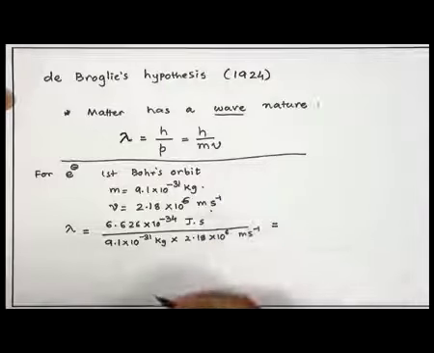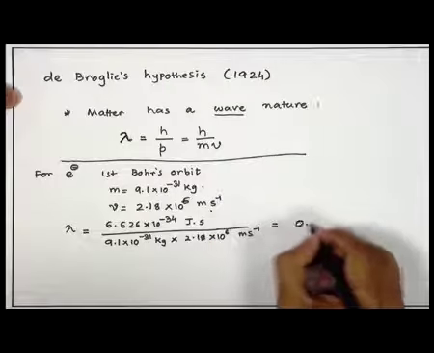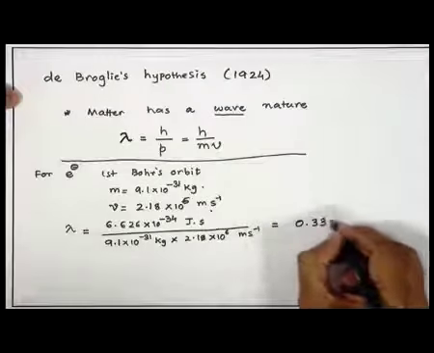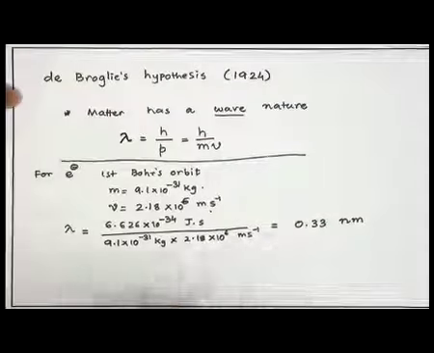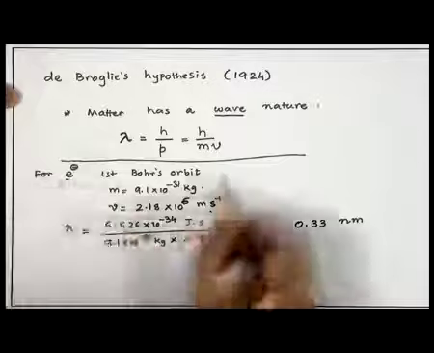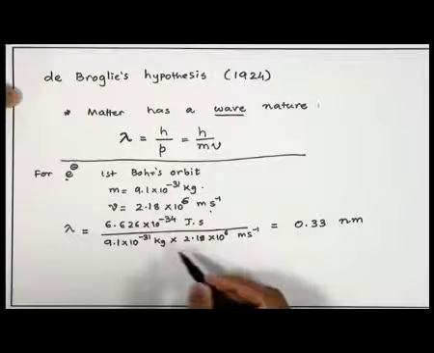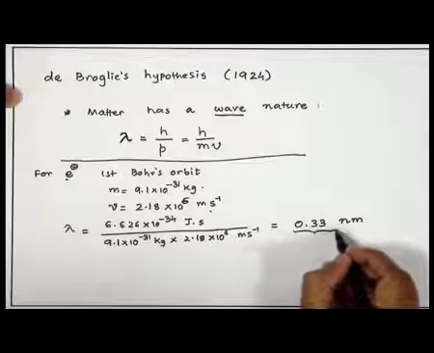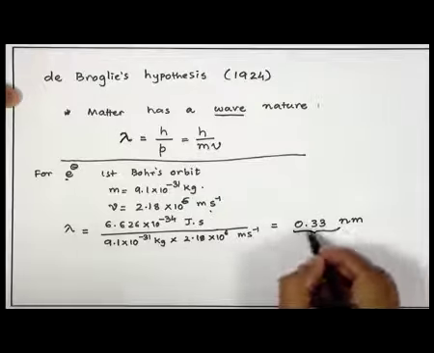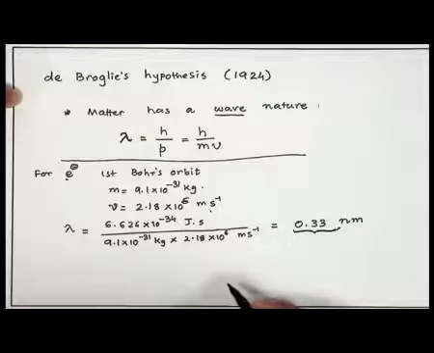If you solve this, you would get 0.33 nanometer. So, an electron orbiting in the first Bohr's orbit, or the ground state, has a wave-like nature with a wavelength of 0.33 nanometer.